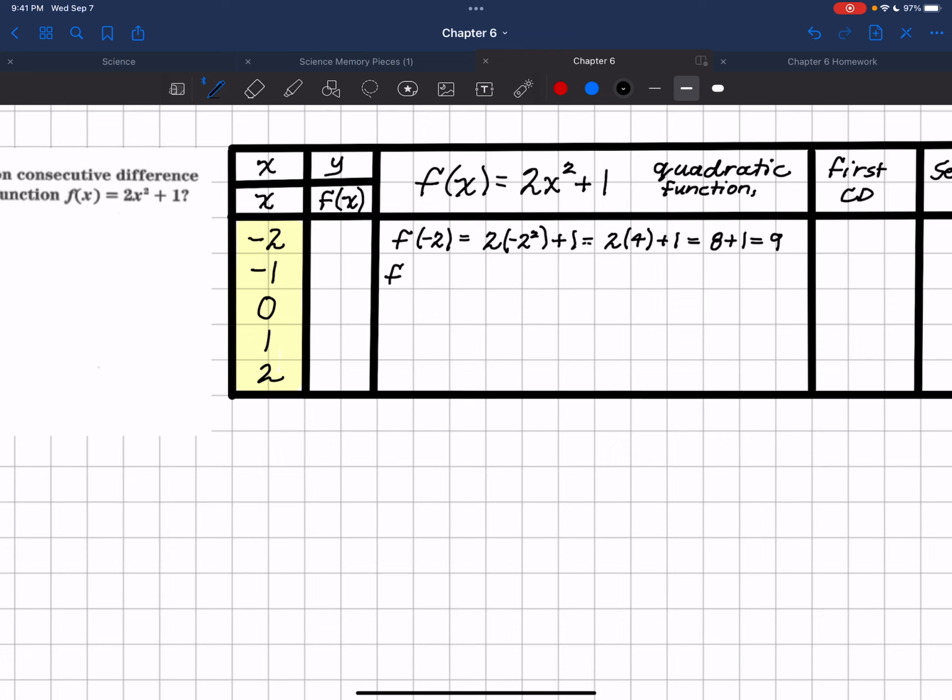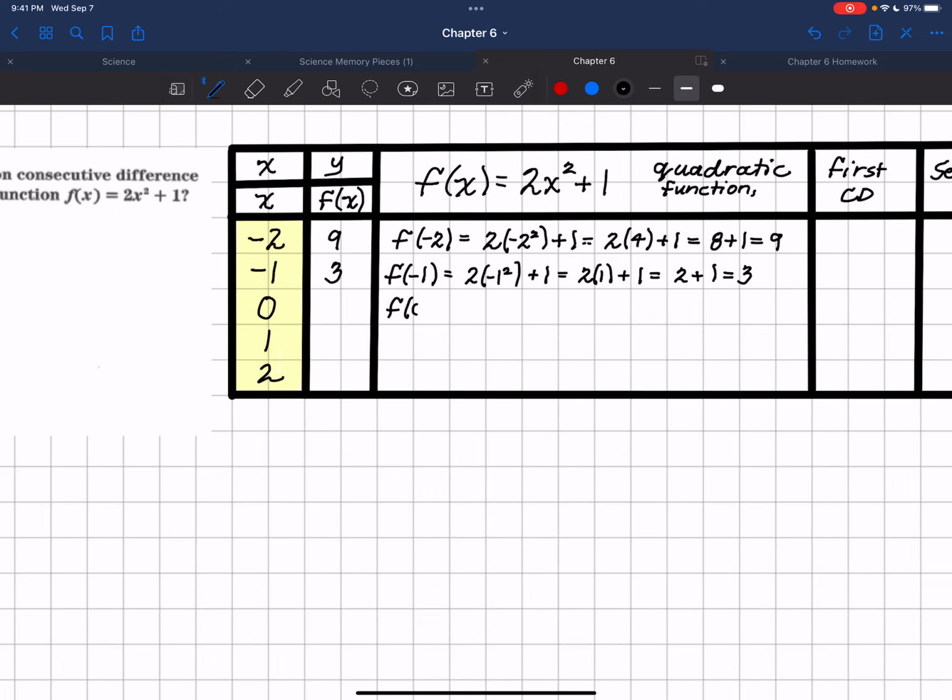Then we have an x of -1. So we have 2 times -1 squared plus 1. So that's going to be 2 times +1 plus 1. So that would be 2 plus 1, which is +3.